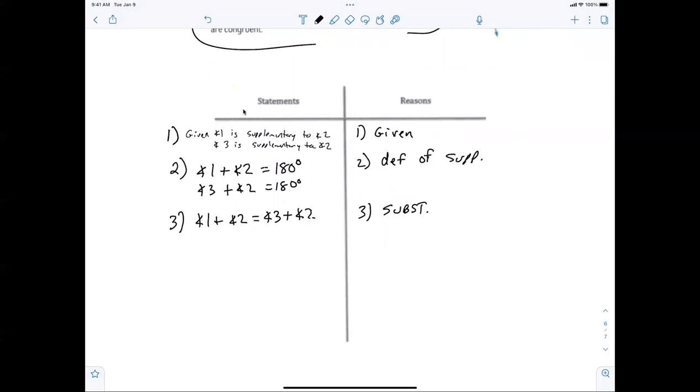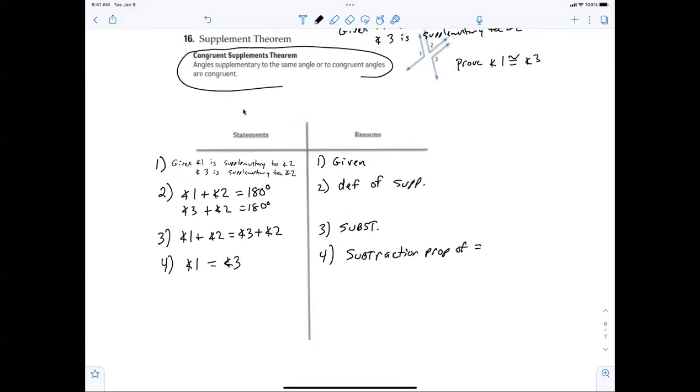All right, so now Tanner, what am I going to do? You're going to subtract these. Yes, so I'm going to end up with angle 1 is equal to angle 3, and that is what property? Subtraction property of equality.